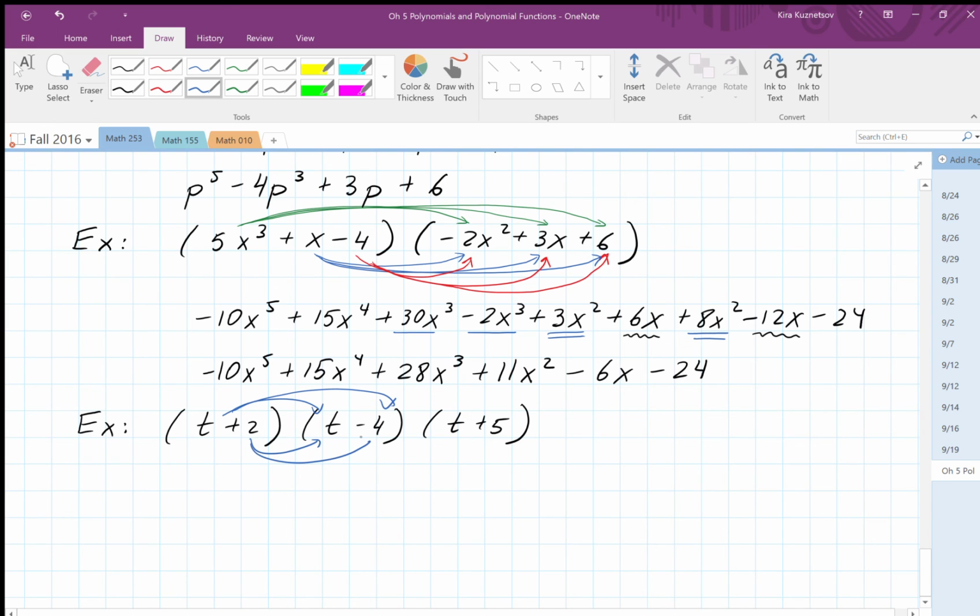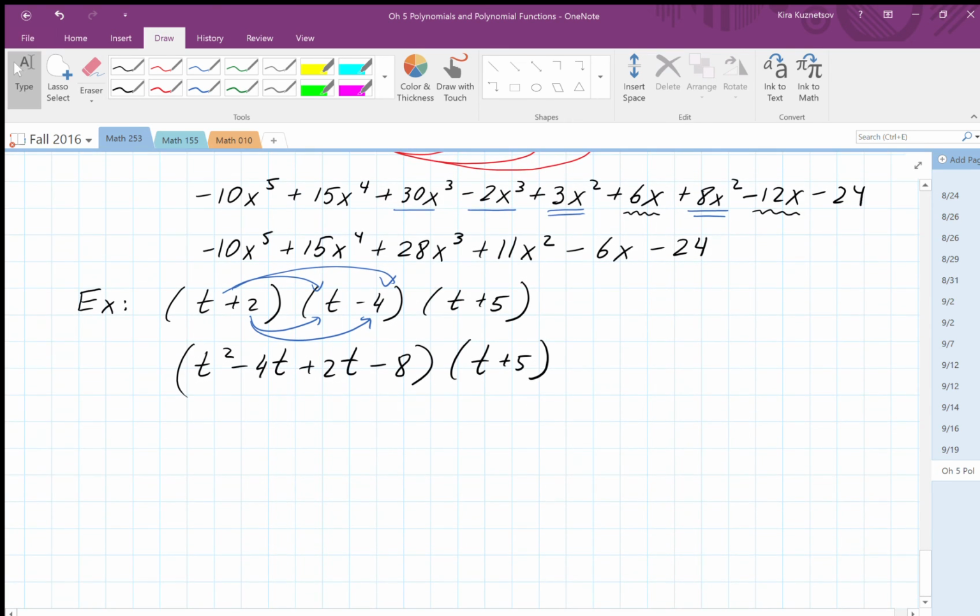I'll start with the first two parentheses. T times t is t squared, minus 4t plus 2t, and then 2 times negative 4 is negative 8. And then I still have the other parenthesis.